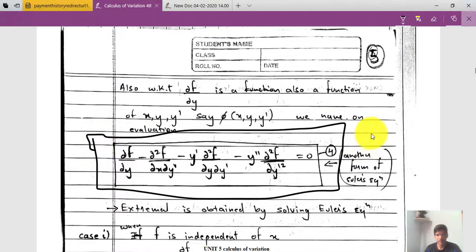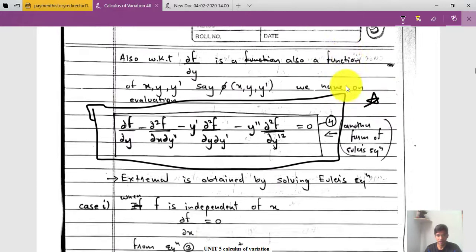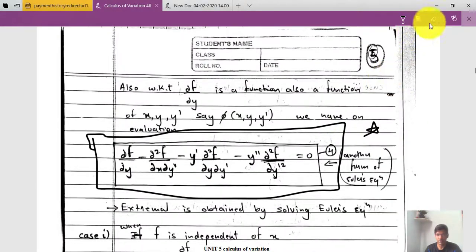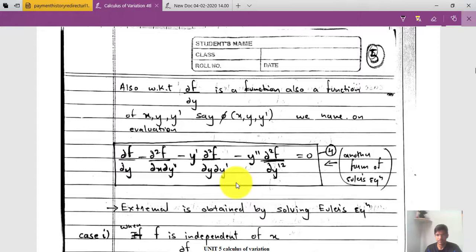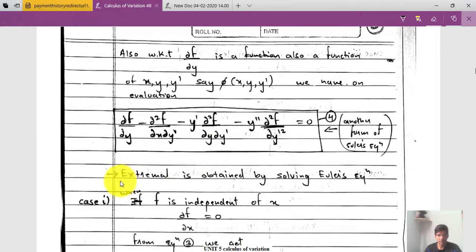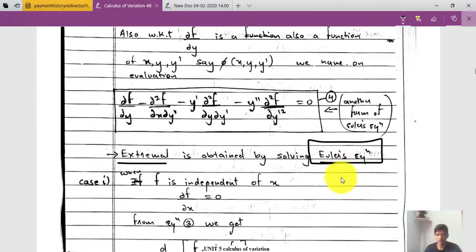So all these forms are important. Just have an eye on this. Fine. So this extremal, that is the minima and maxima, can be obtained by solving Euler's equation, as already said that it is very important.